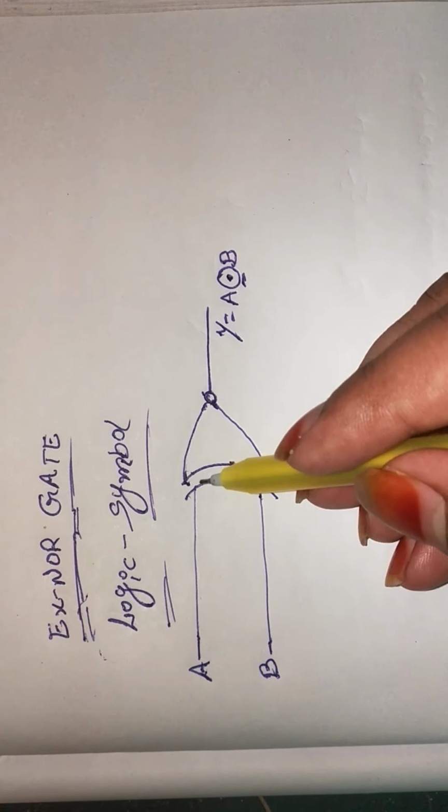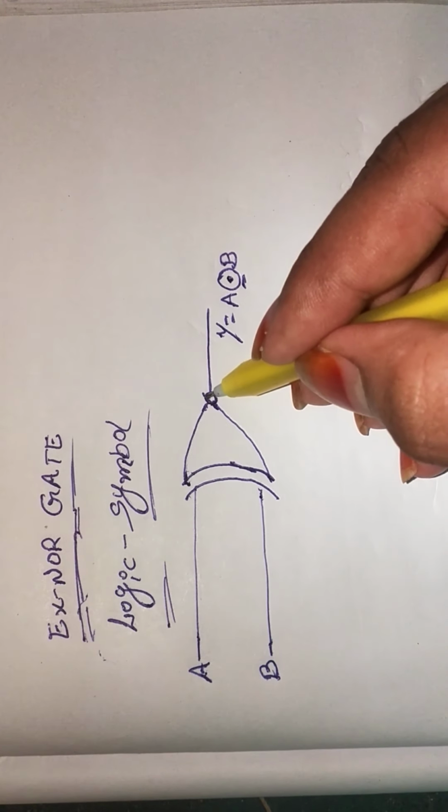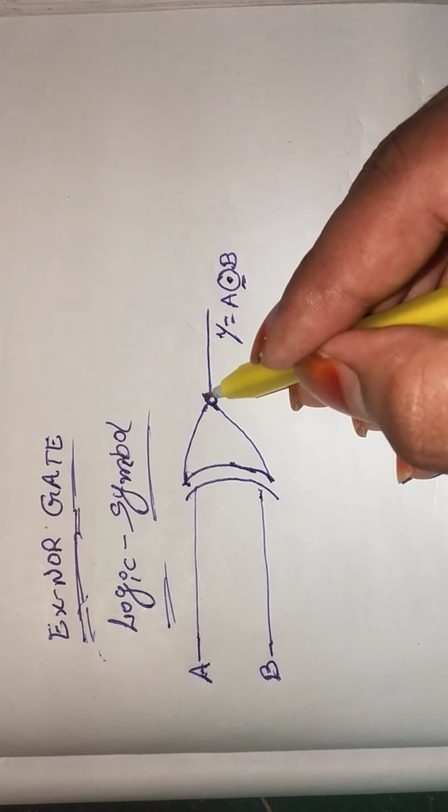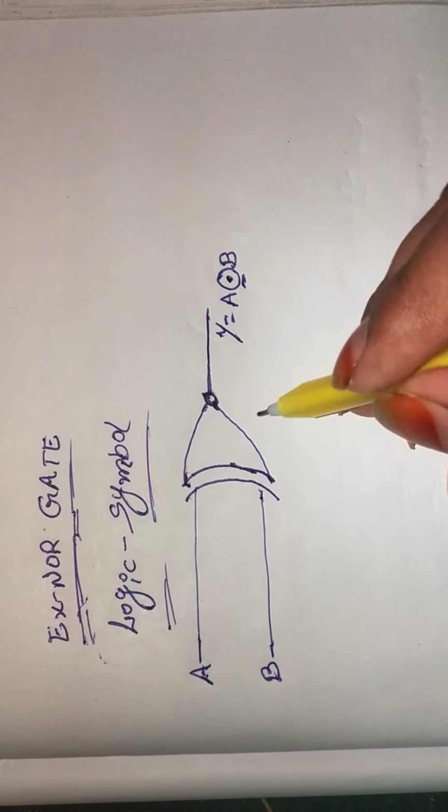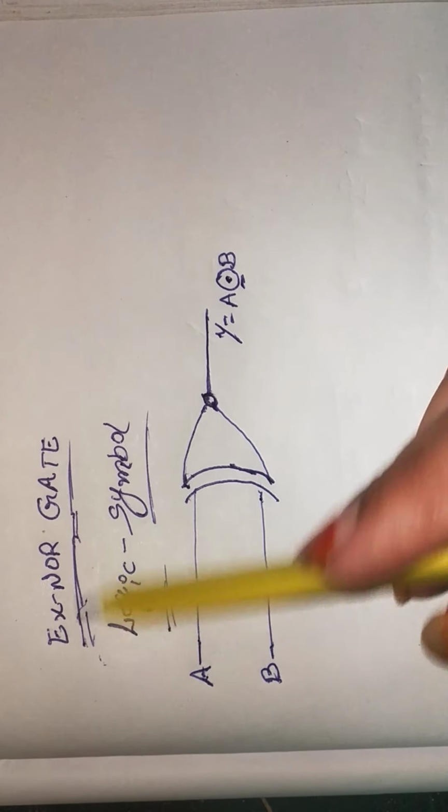It should look like an XOR gate, but here the bubble is added at the output, so it is the XNOR gate.